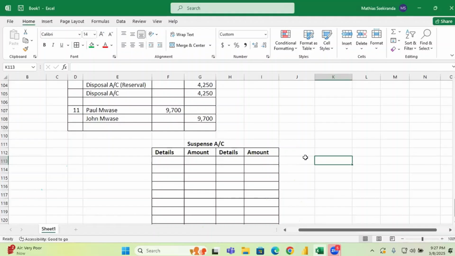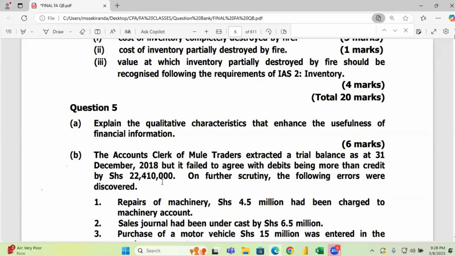Now, when you look at this number, it is very hard for a student to know on which side the suspense account balance should be put, because the balance was given in the introduction. The examiner told you the trial balance refused to balance. It failed to agree with total debits being more than credits by 22,410,000.